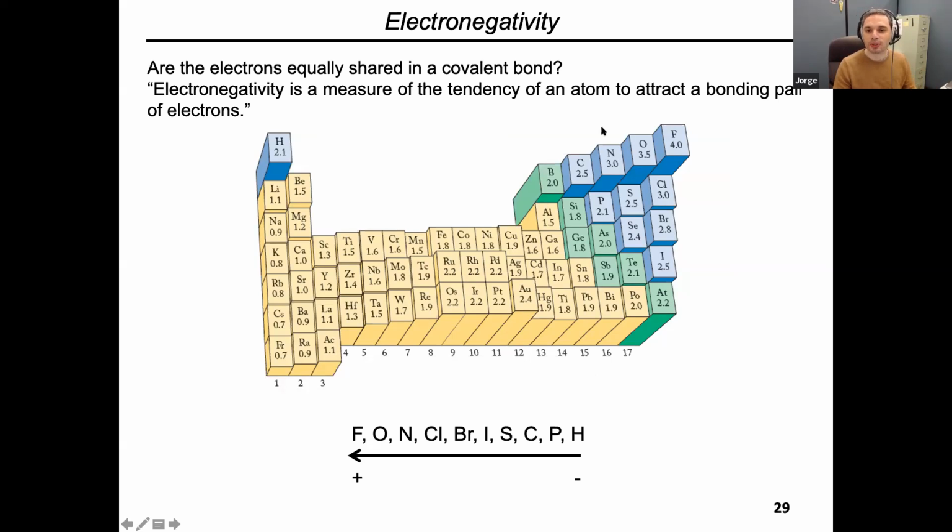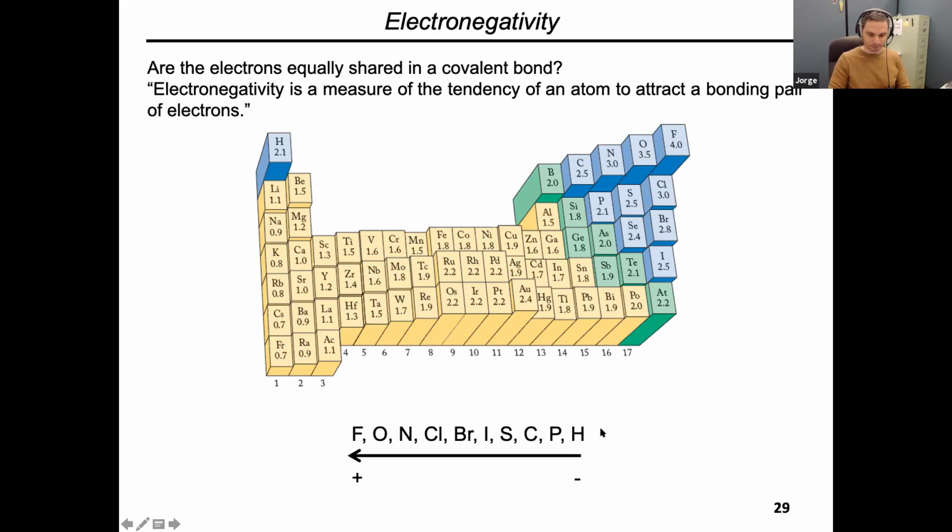So the most electronegative atom is fluorine, right here on the corner of the table, and that's followed by oxygen, nitrogen, chlorine, bromine, iodine, sulfur, carbon, phosphorus, and hydrogen.